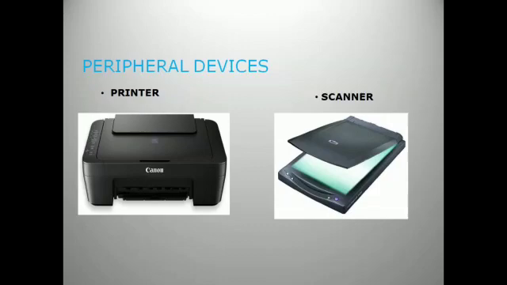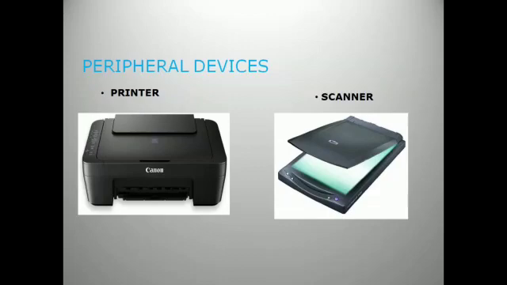Connecting extra devices except monitor, keyboard and mouse, which are already connected with the computer, we can connect different types of extra devices to our computer, and these devices are called peripheral devices. Here you can see printer, scanner.